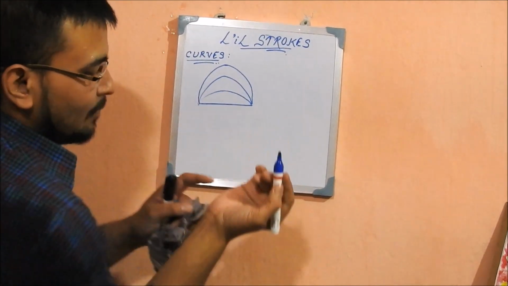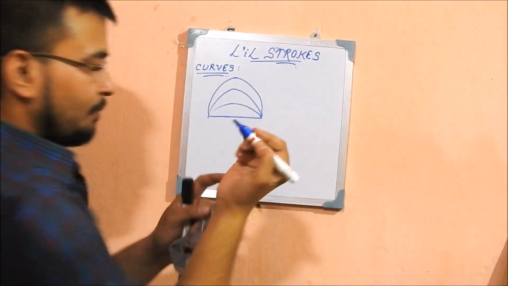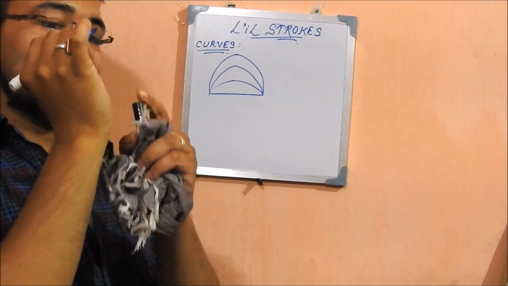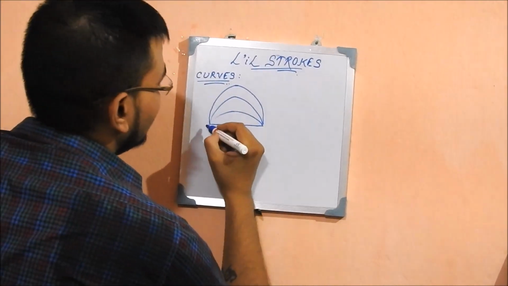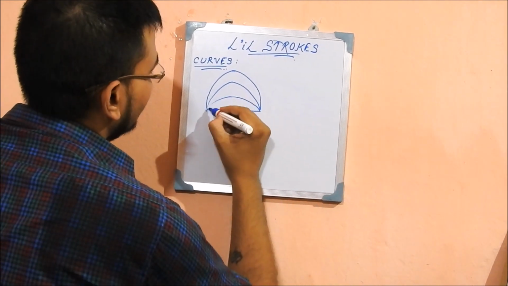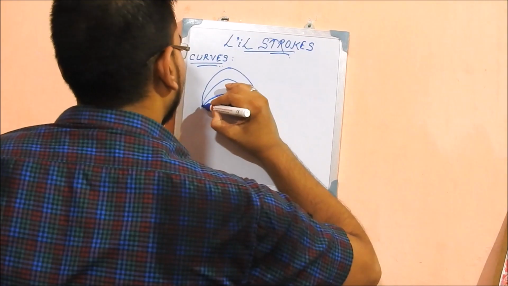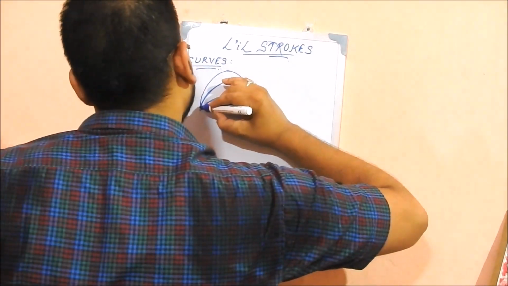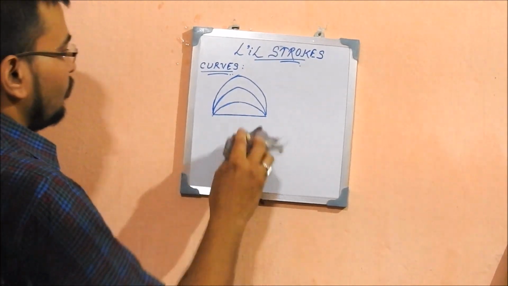So see, I am using only this part of my hand in different places, sometimes here, but I am using this part as the point around which I will draw the curve, and I am fixing it according to the height. From here, for this I fix here, for this I fix here, for this I fix more here, but I am only using this one. So this thing you have to follow.